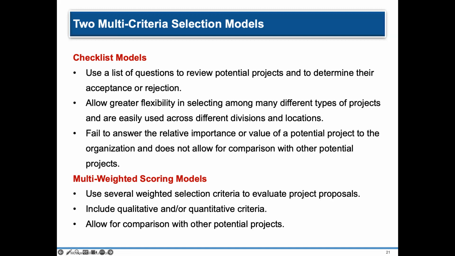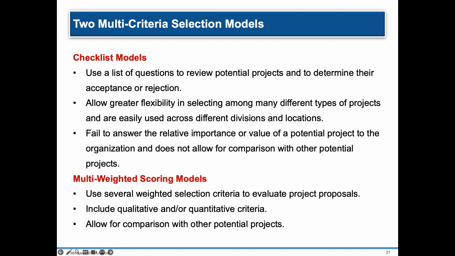If you fail to answer the relative importance or value of a potential project using the checklist, so therefore, medyo negative tayo dito.